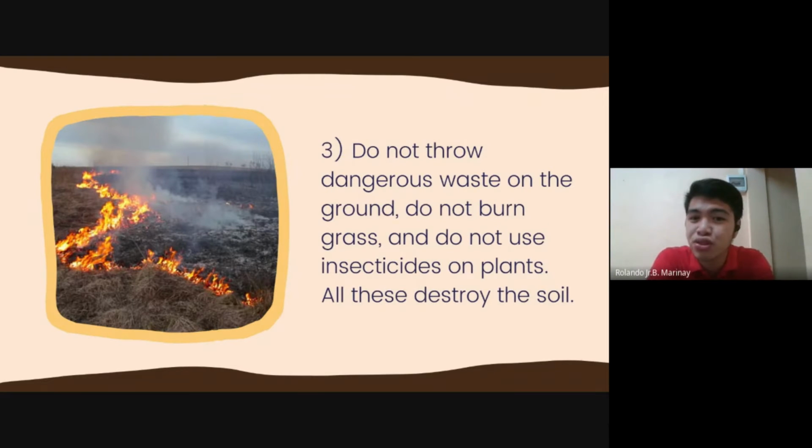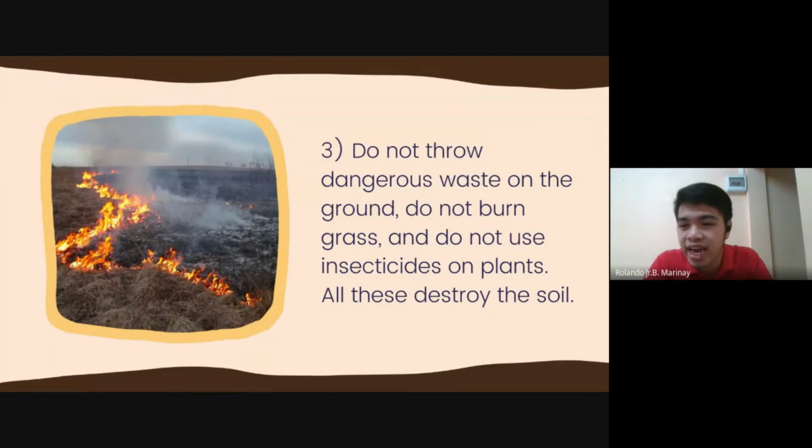Number three, do not throw dangerous waste on the ground. Do not burn grass and do not use insecticides on plants because all of these destroy the soil. Okay, look at the picture. The grass in the field is being burned and that's not good for the plants and also for the animals.